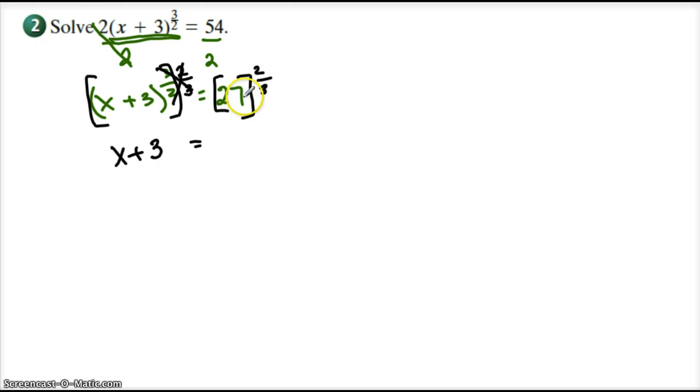And then this one is 27 to the 2/3 power, which is the same as the cubic root of 27 squared. Okay. Again, off to the side, 27 is the same as 3 cubed. 3 cubed raised to the 2/3 power.